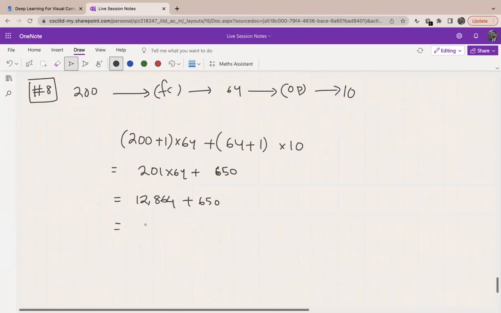That equals 13,514. So we have a total of about 13,000 parameters in the last two layers itself.